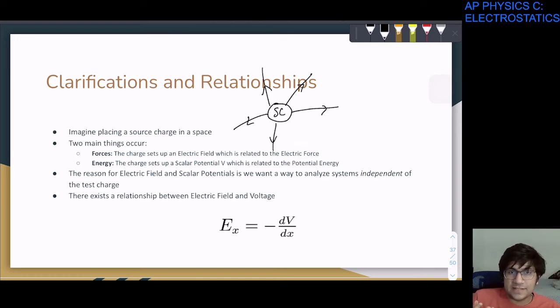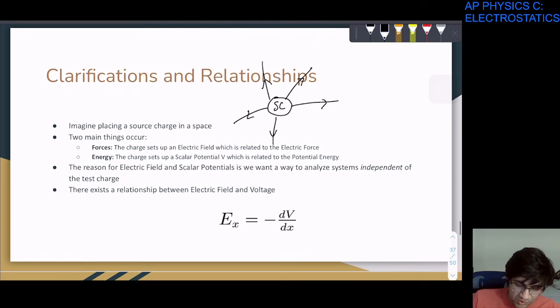The other is that the charge sets up a scalar potential, which is related to the electric potential. The reason for electric fields and scalar potentials is that we want a way to analyze independent of the test charge. And the relationship between electric field and voltage is this equation here.